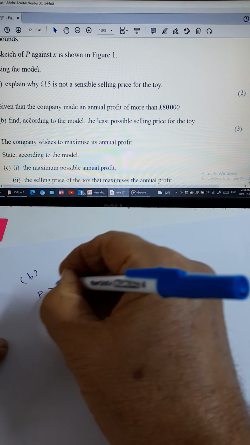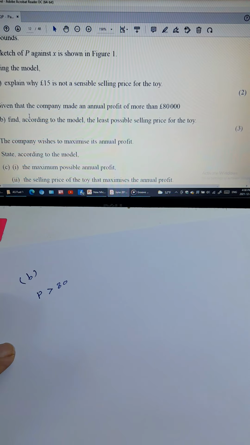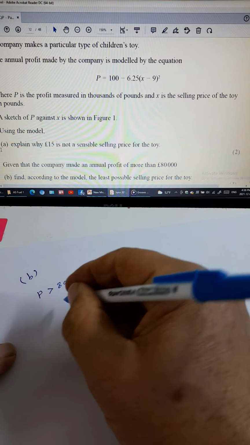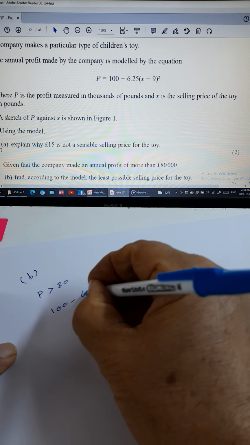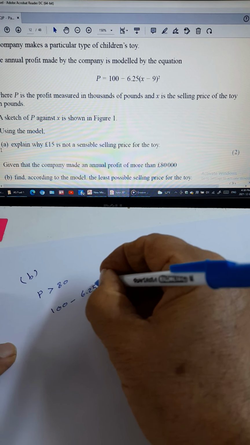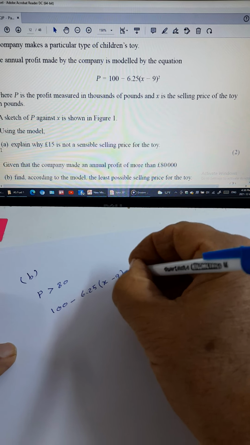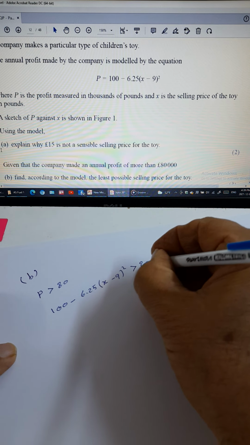Here P is greater than 80, so 100 minus 6.25 times x minus 9 squared is greater than 80.